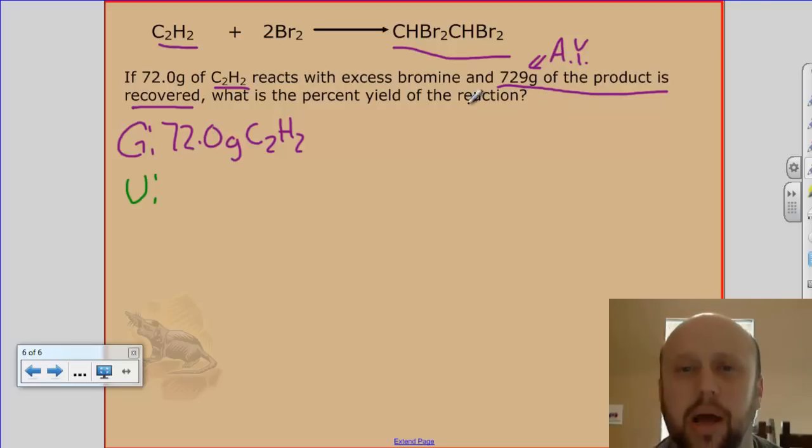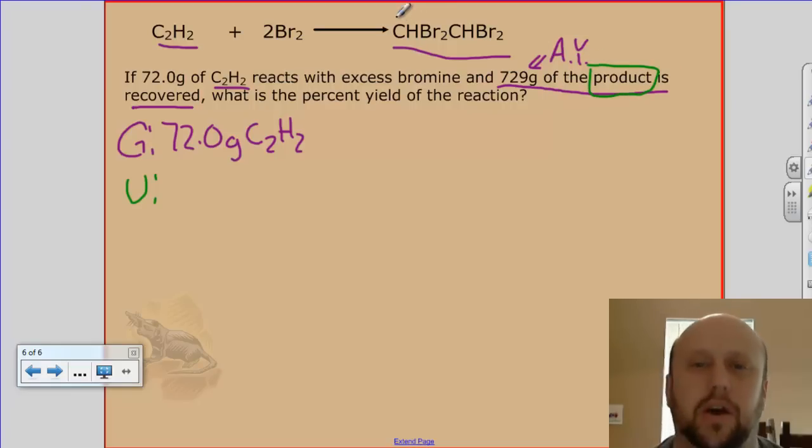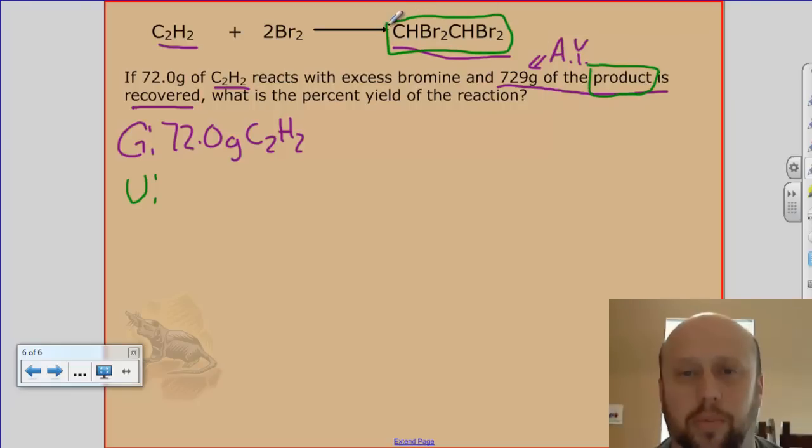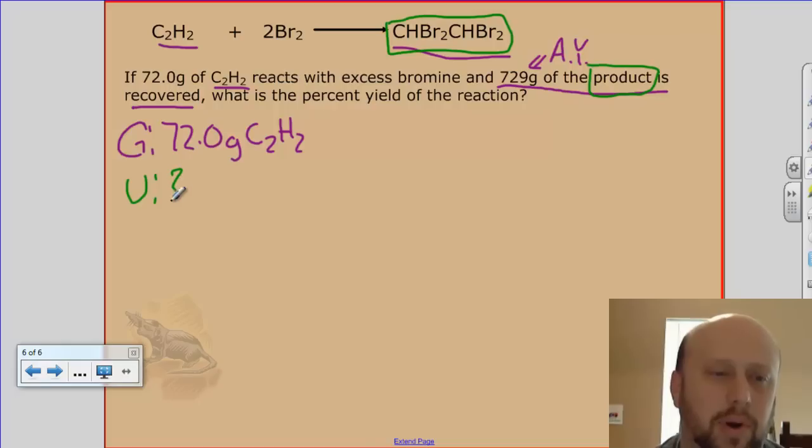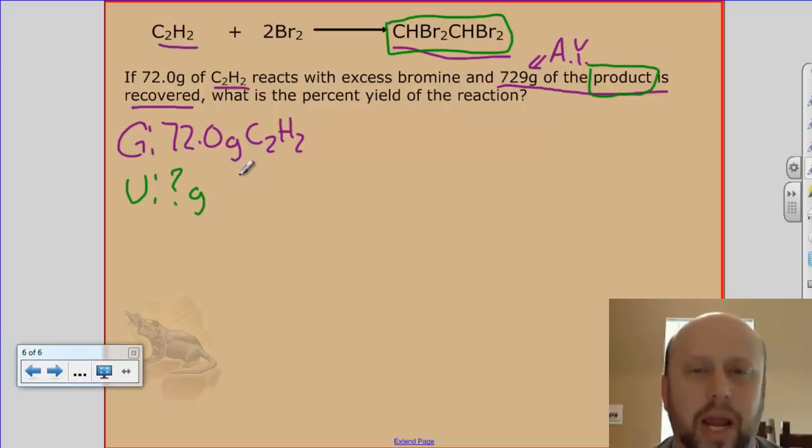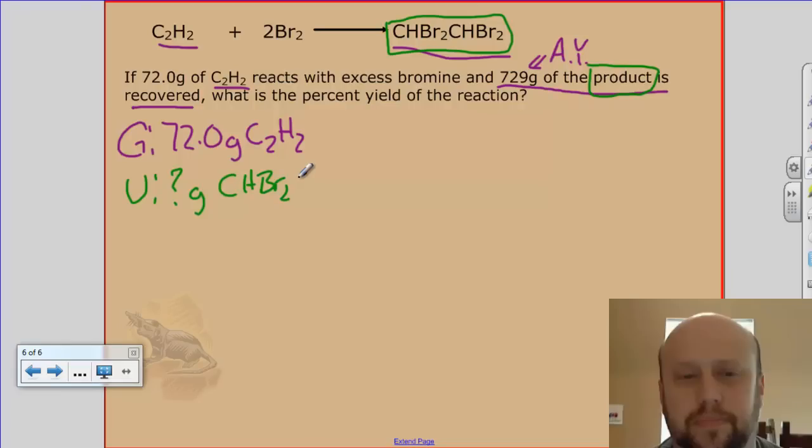Not the number, but it has to be the same thing. And the same thing in this case is the product, which is this stuff. There's only one product, so that's the product. So what am I looking for? I'm looking for grams of that stuff, which is, let's see, 1,1,2,2-dibromomethane.